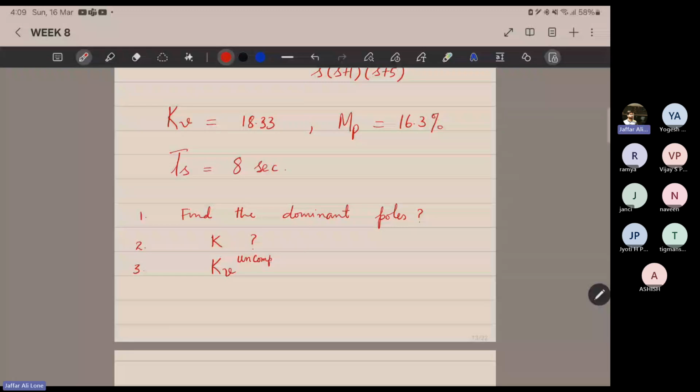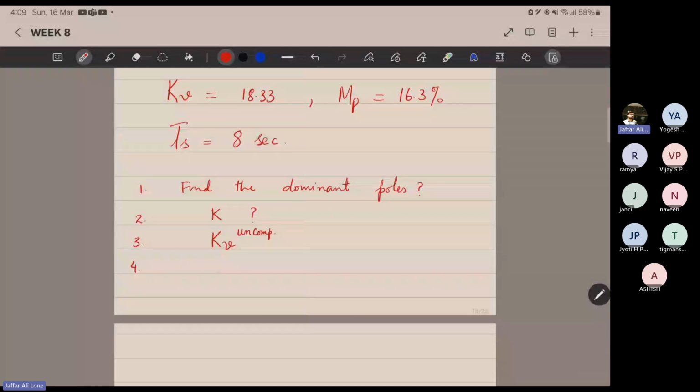Question number 4 is, if a lag compensator is designed, what is the value of beta? Question number 5 is, the zero of the compensator is given at minus 0.2. Find PC.